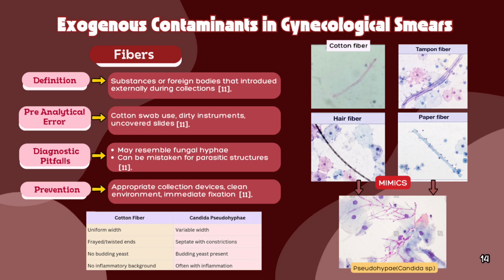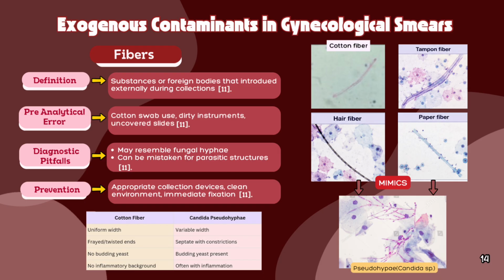These contaminants are usually related to pre-analytical errors, such as the use of contaminated collection materials, dirty instruments, or leaving slides uncovered before fixation. Although fibers are not biological structures, they can create diagnostic challenges because their appearance may resemble fungal hyphae or parasitic structures. This may lead to misinterpretation and unnecessary further investigation.